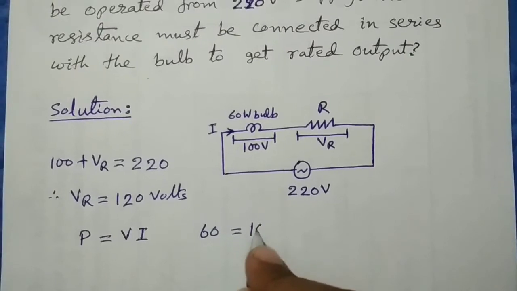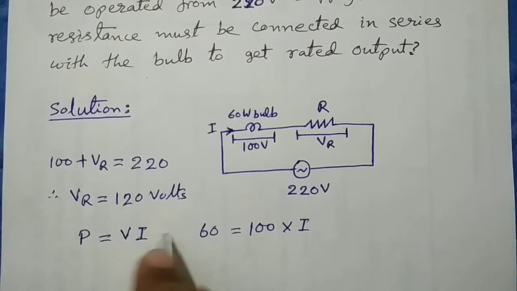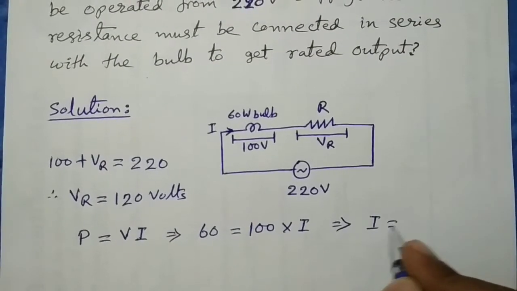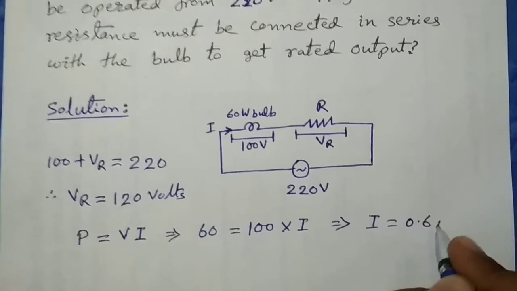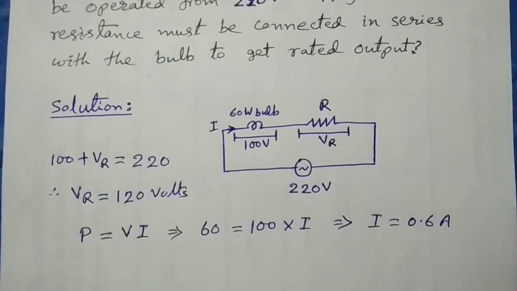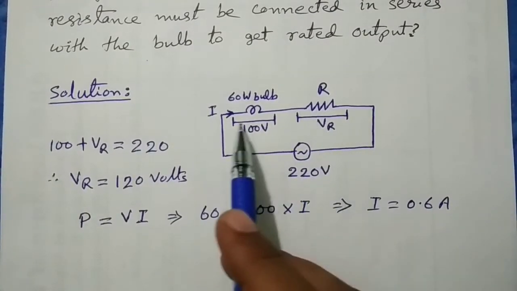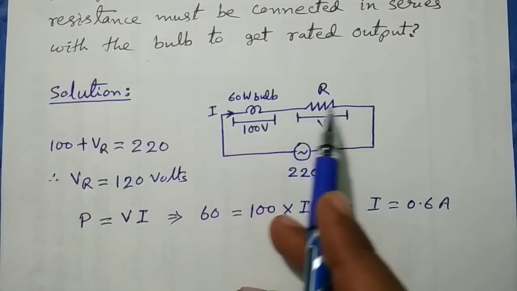The voltage across the bulb is 100 volt. So here we can find the current. So current will be 60 upon 100, and that is 0.6 ampere. As the bulb and the resistance are connected in series, that means the same current will flow through the resistance also.